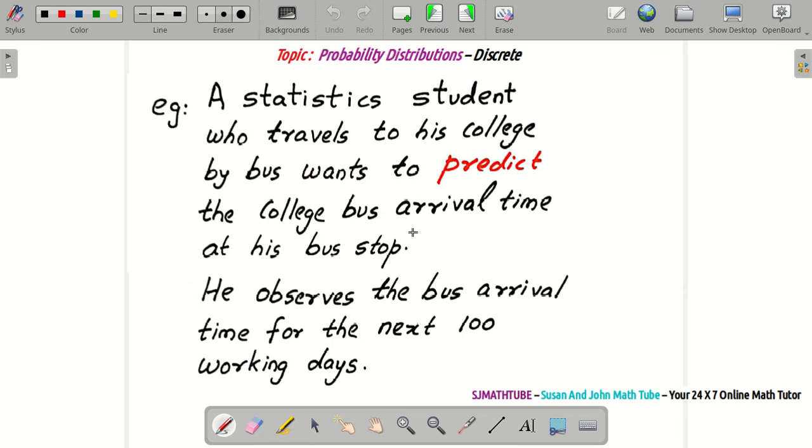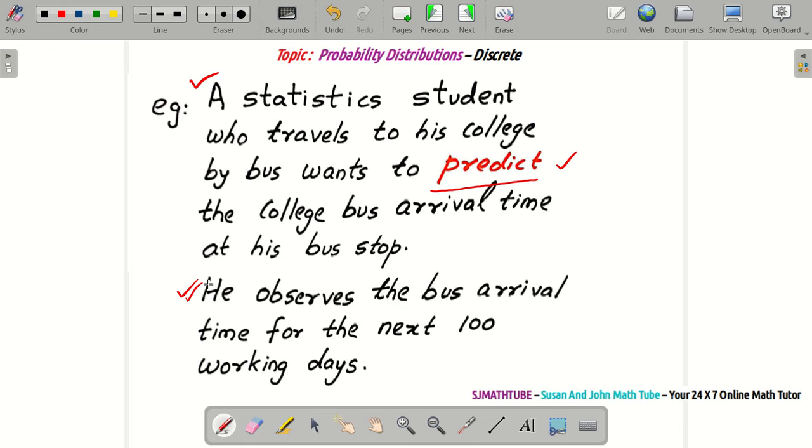I want you to read the question very carefully. We have a statistics student and he travels to his college by bus. This is quite normal for statistics students. They literally want to predict everything. So he wants to predict the bus arrival time at his bus stop.